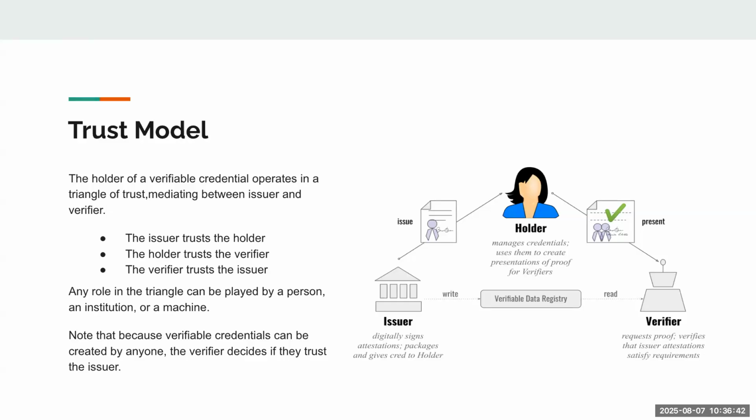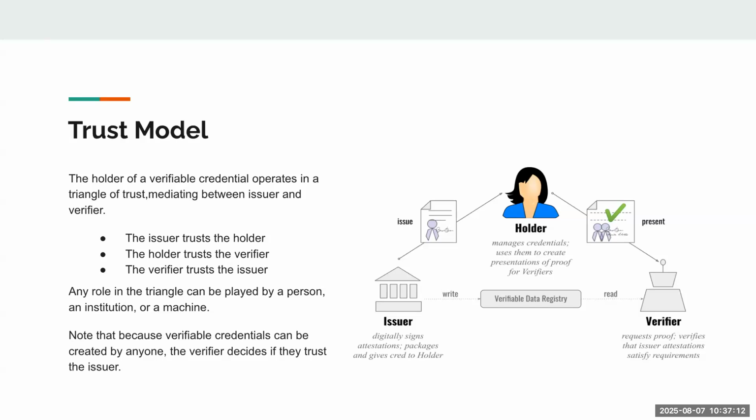You keep this credential, and the verifier can request data from a credential that you may or may not have, and you can provide that data to the verifier. With that, the verifier can judge if the data is valid. He can judge if the issuer that issued that credential is valid for him, like if he can trust that issuer, and so on.